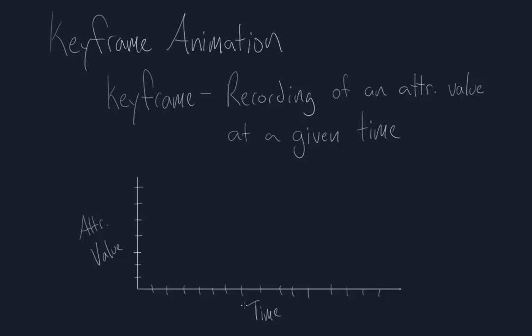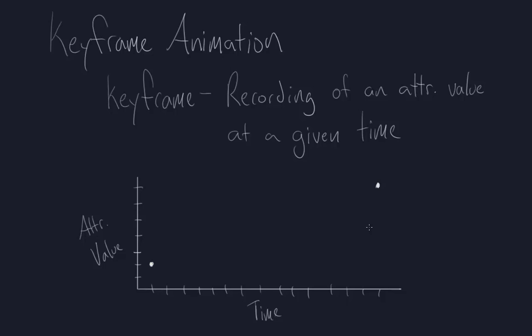And simply put, all you're going to do is say, all right, here at the beginning of my timeline, I want my attribute value to be, let's say here. Then, at some point later on in time, say at the very end of our timeline, we want our attribute value to be maybe up here. That's all you do. You just tell the computer, at this time, make sure you're set to this.